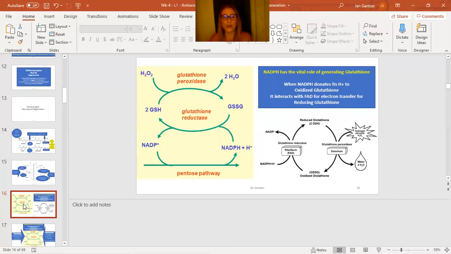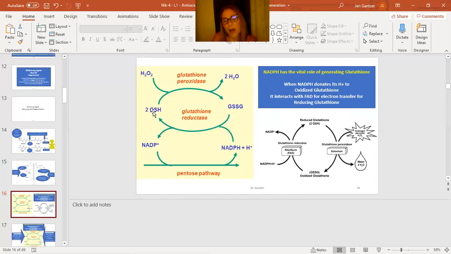So this is another specific one where we're looking at the NADPH. Glutathione is one of the most important intrinsic antioxidants in our physiological system. We make it through de novo synthesis. So our body has the genetic makeup to make sure that we are generating and synthesizing lots of glutathione. And we're going to look at that in just a moment.